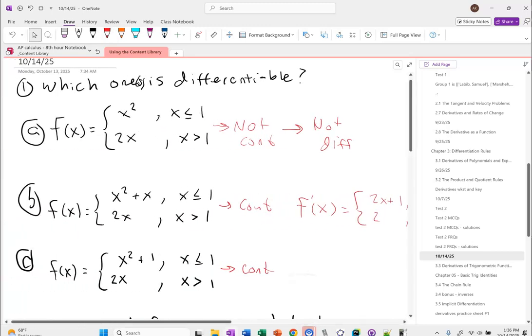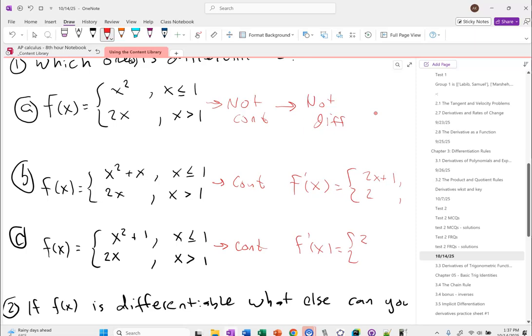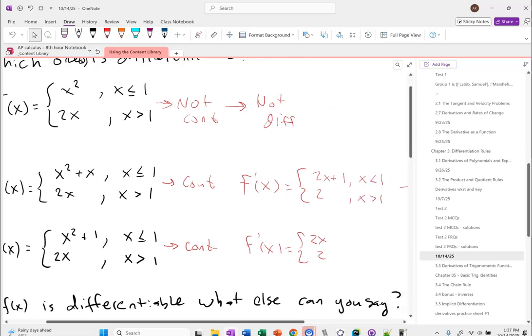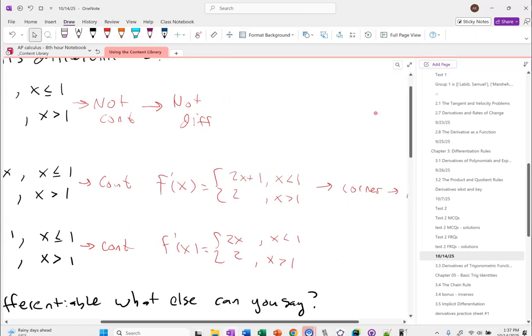Okay, let's look at C then. We'll do the same thing, check for my corner. What's the derivative from the left? Well, it's 2, right?